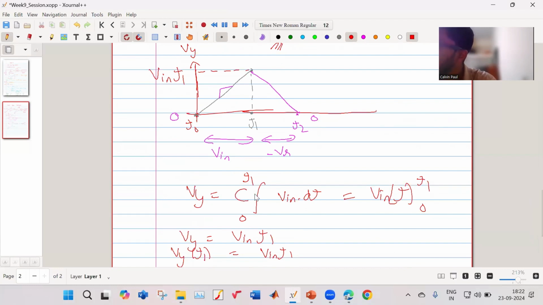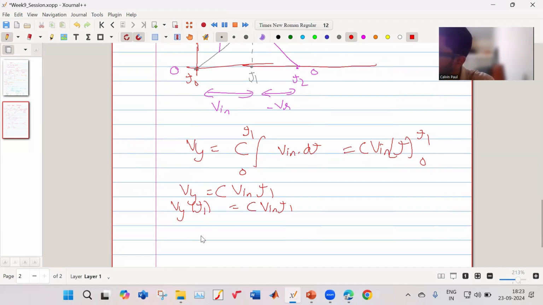It will actually be C times the integration of Vin, from 0 to T1. So it will be C into Vin into T from 0 to T1, so C into Vin into T1. So Vy will be C into Vin into T1. This is your Vy at time T1. Now what happens? Vin is disconnected.